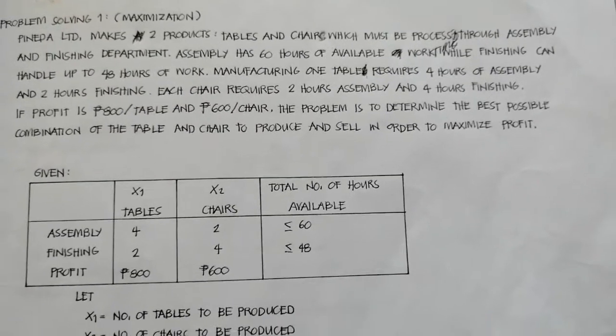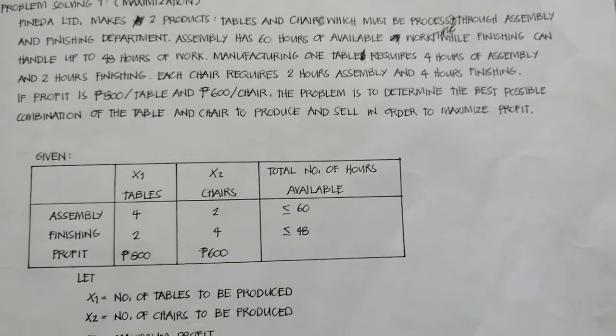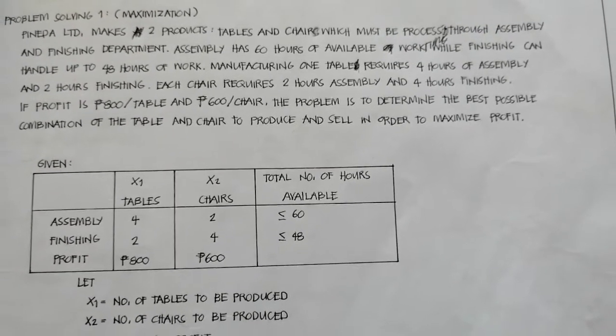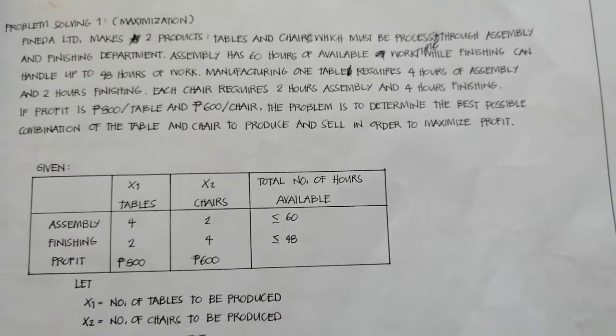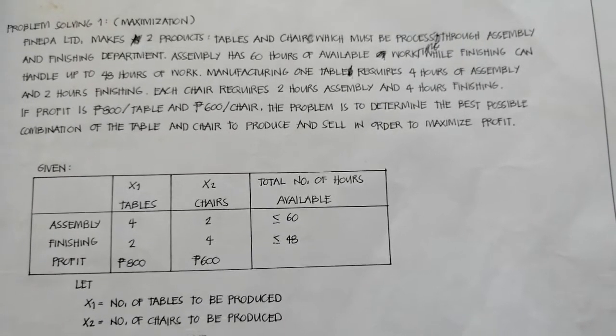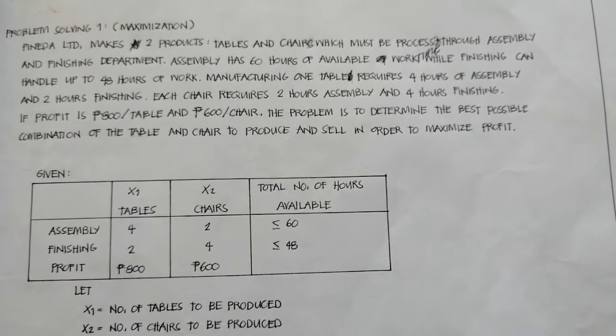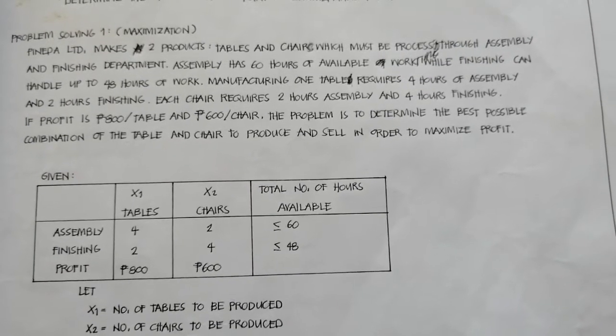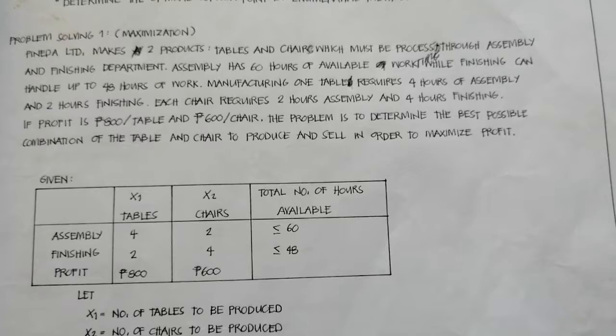Let's have this example. Pineda Limited makes two products, tables and chairs, which must be processed through assembly and finishing department. Assembly has 60 hours of available work time, while finishing can handle up to 48 hours of work.